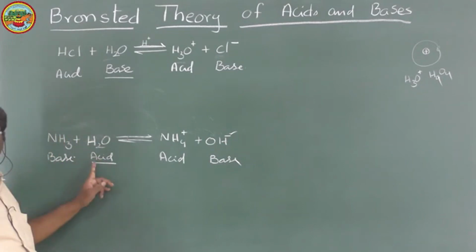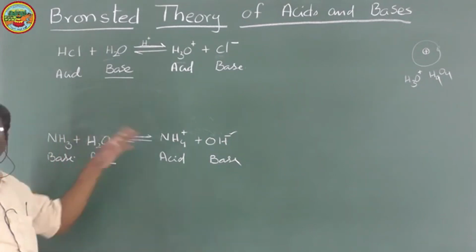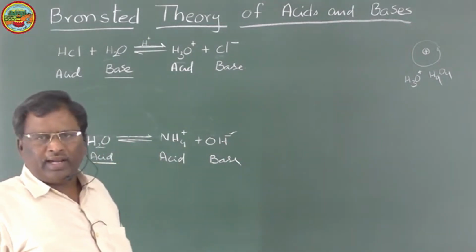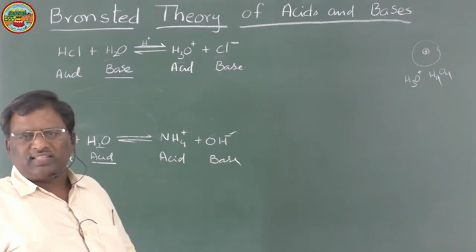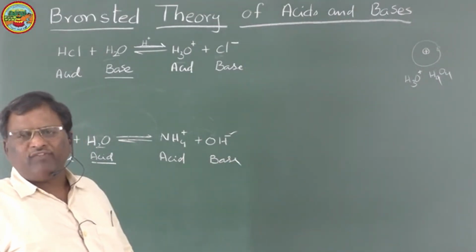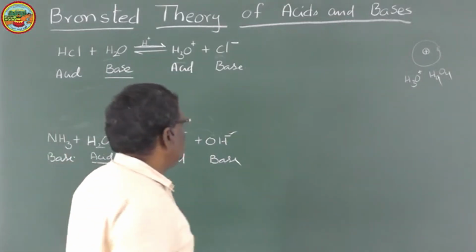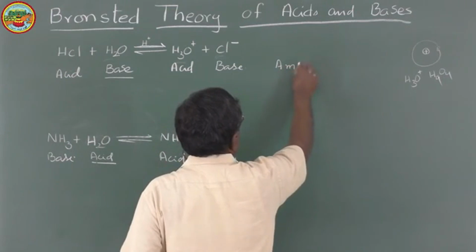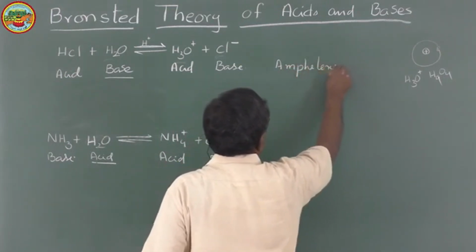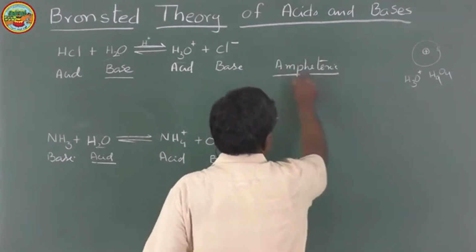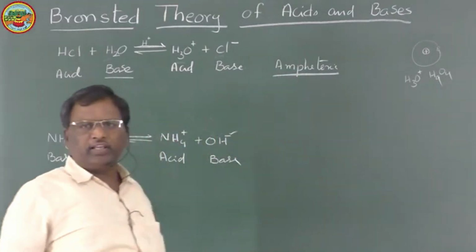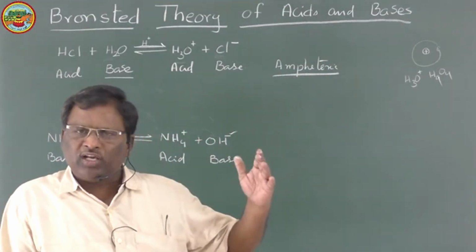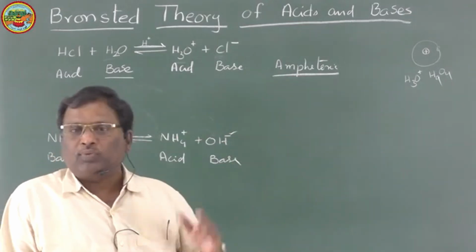Those species which can donate a proton and accept a proton are said to be amphoteric solvents. Amphoteric means they can donate a proton as well as accept a proton.